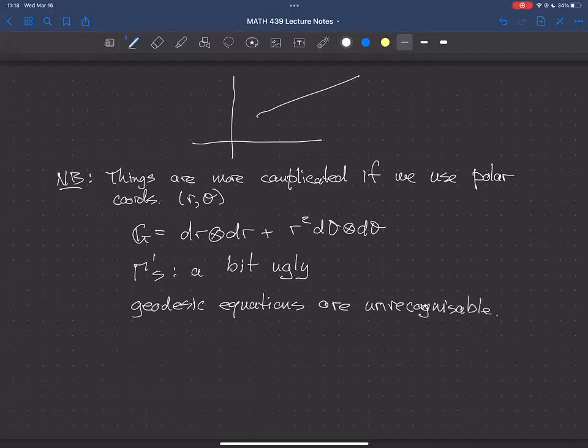If somebody just gave you those equations for r double dot and theta double dot, you would never just look at those and say, well, obviously the solutions of those equations are straight lines in R2. Very much not clear.